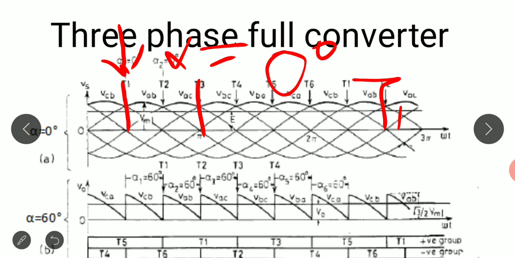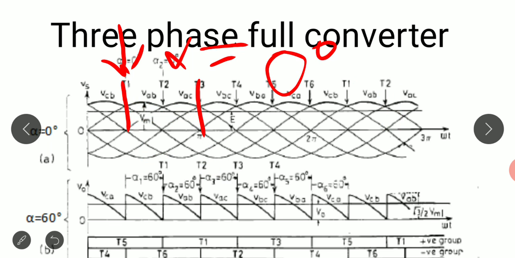I am talking about just thyristor T1, and this thyristor T1 can conduct for a duration of 120 degrees. So T1 can conduct for total duration of 120 degree along these two portions, that is 120 degree portion.